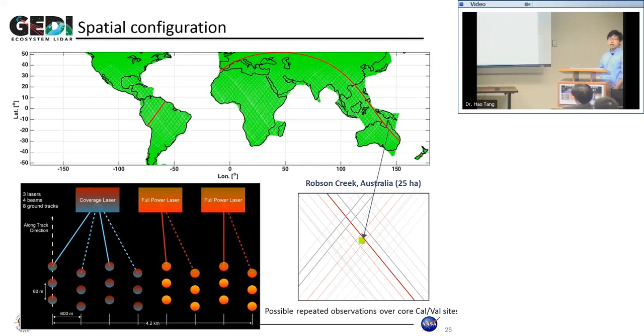We're still finalizing the plan for how best to leverage the pointing capacity and the area of the ground observations. And these are the spatial configurations of the GEDI track. Along track, you will have about 60 meters in distance, and across track, there are 8 of them, around 600 meters. So in total, a swath of about 4 kilometers.